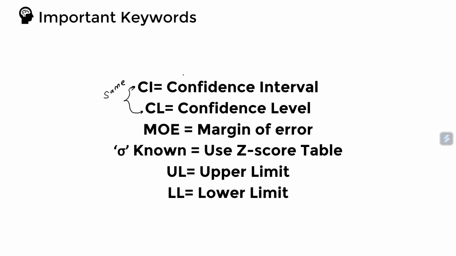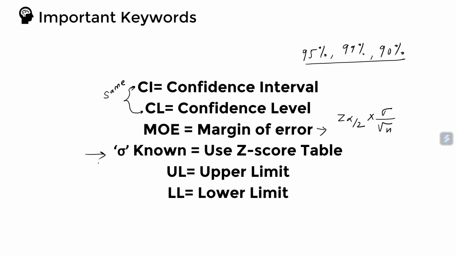When the business case includes these words, they will mention something like 95% confidence level or interval, 99%, 90%. Then we also discussed margin of error. The formula of margin of error was Z alpha by 2 into sigma divided by root n. Then we talked about the sigma known case. We only targeted this case.